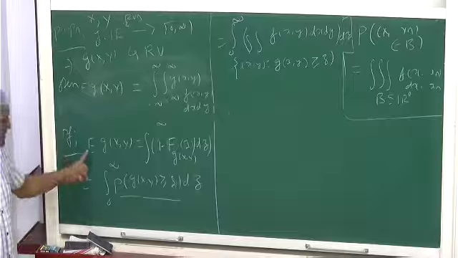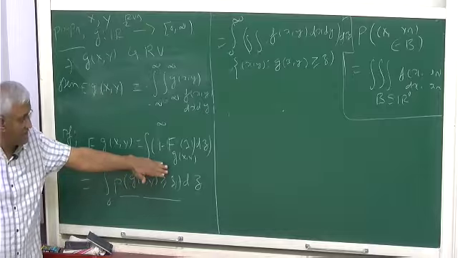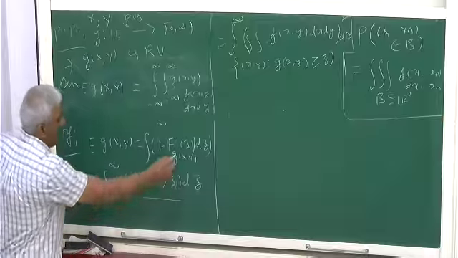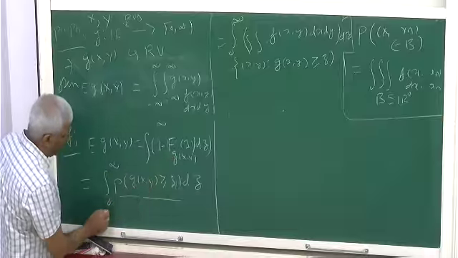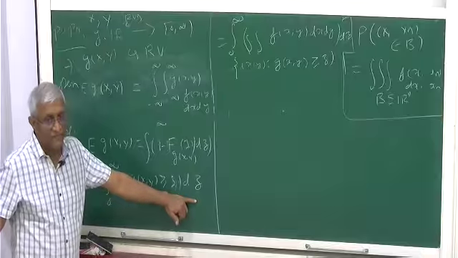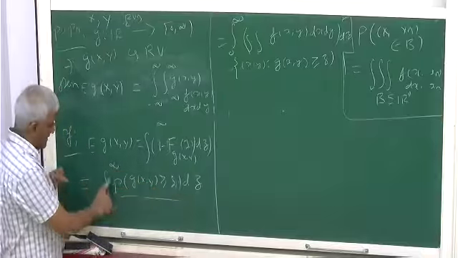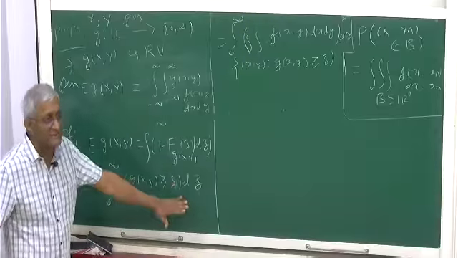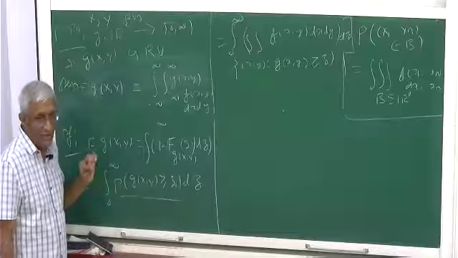Let me start from that. The expectation of this is this, with the variable z here. And this is the same as this, of course. Here the integral is from 0 to infinity of P of G of (x, y) greater than z, dz. The integration variable is z. Earlier I wrote x, but I changed to z because I want to use x and y there.